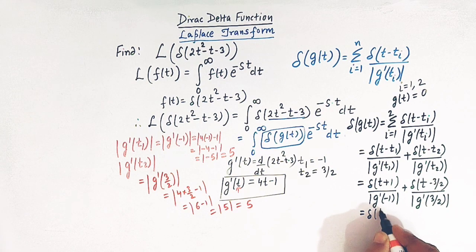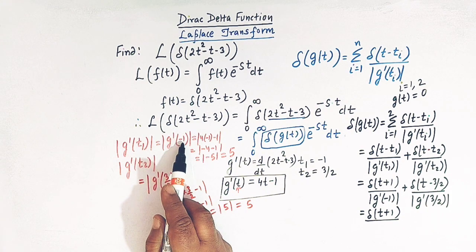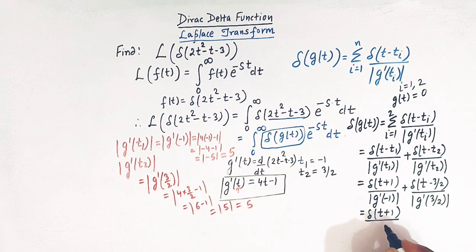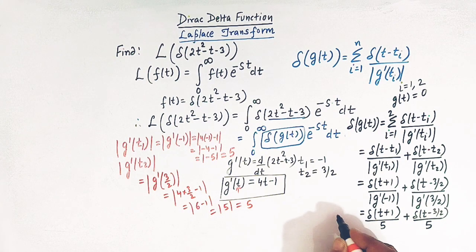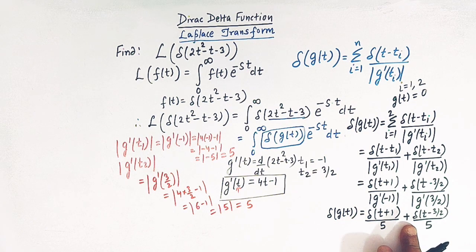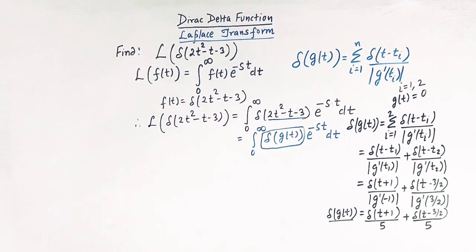Now we can write delta of t plus 1, and the mod of g prime of minus 1 is 5, and delta of t minus 3 by 2, and mod of g prime of 3 by 2 is also equal to 5, right? So delta of g of t is now equal to this expression, and let us substitute it.